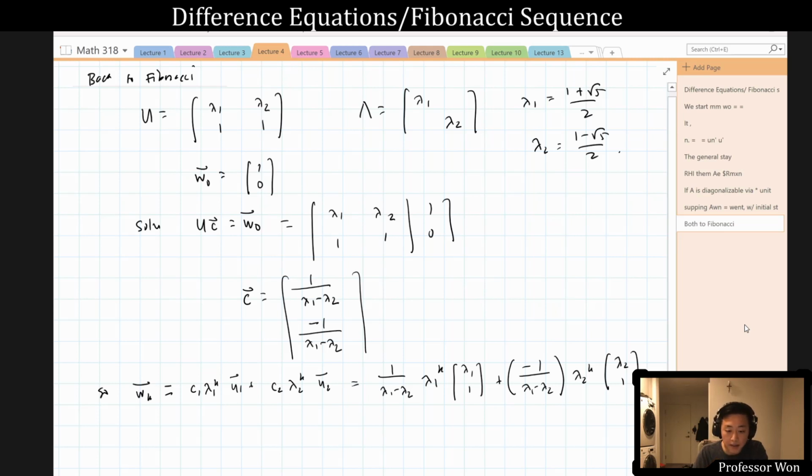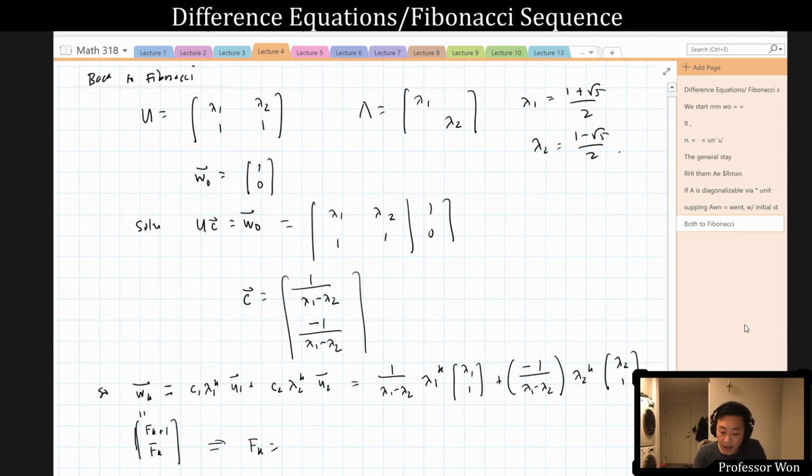Okay, now from this, we can actually compute the kth Fibonacci number, because the kth Fibonacci number is just the second coordinate of WK. So this thing is FK plus 1, FK. So what is FK?